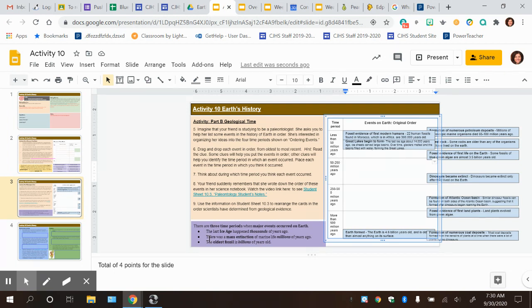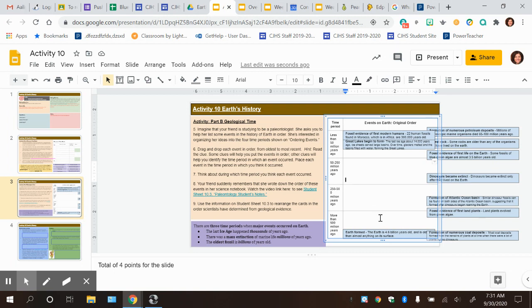There was a mass extinction of marine life millions of years ago, and we know that when marine life dies and it sinks to the bottom, it gets sediments on it, and then it creates coal and petroleum, and that we would say happened on this line here. And the oldest fossils are billions of years old, and we would put that here on this line. So those are the events that are splitting up our time period.